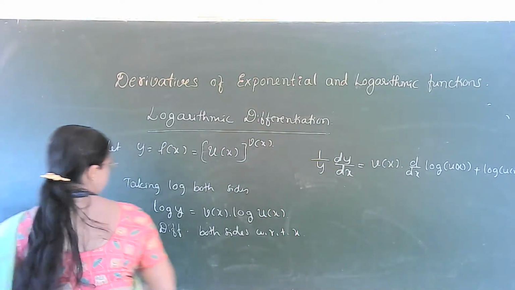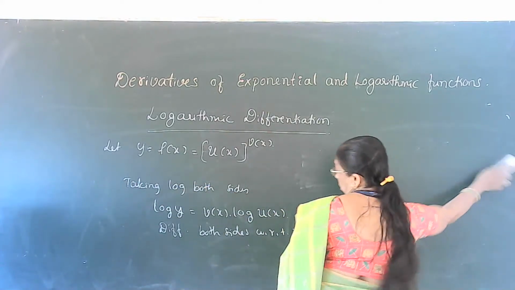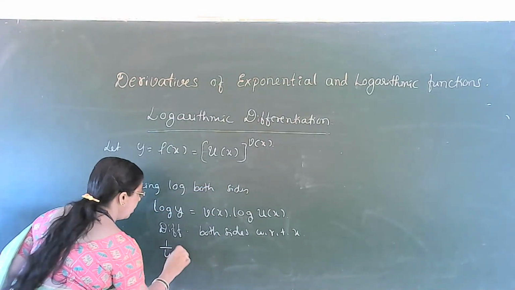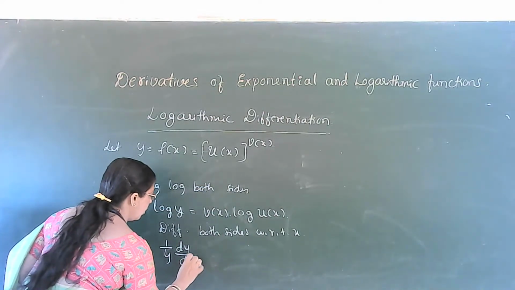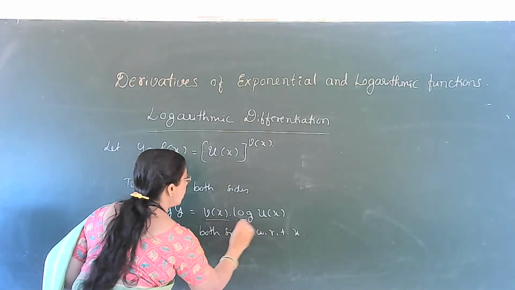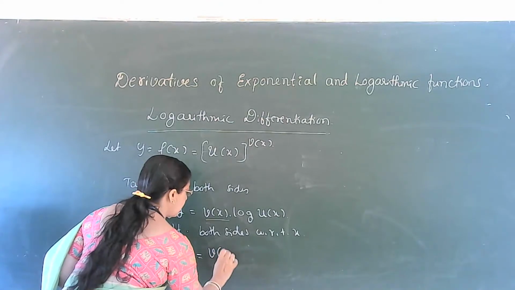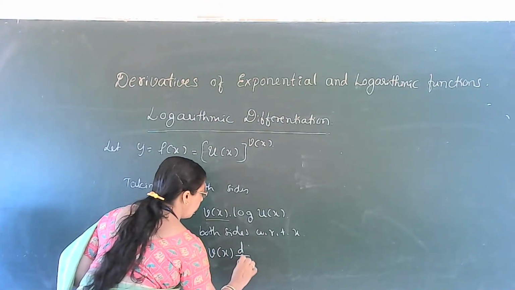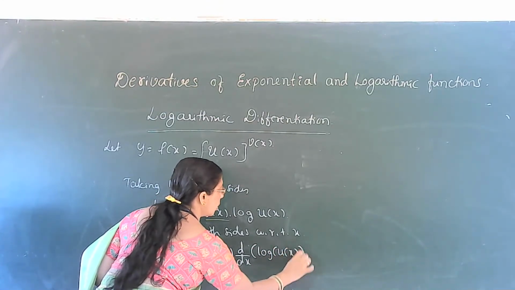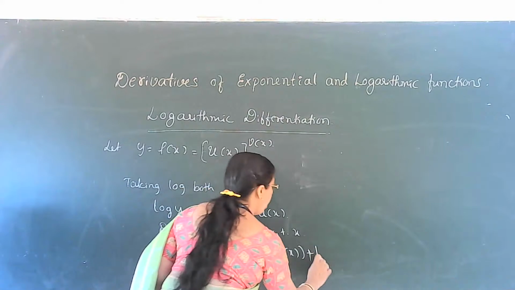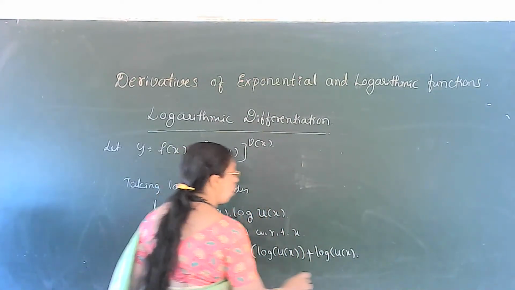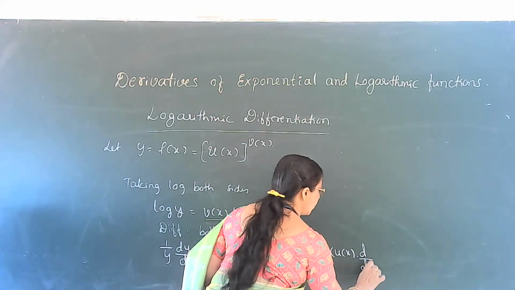Here, 1 by y dy by dx is equal to, by the uv rule, v of x into d by dx of log of u of x, plus log of u of x into the derivative of v of x.